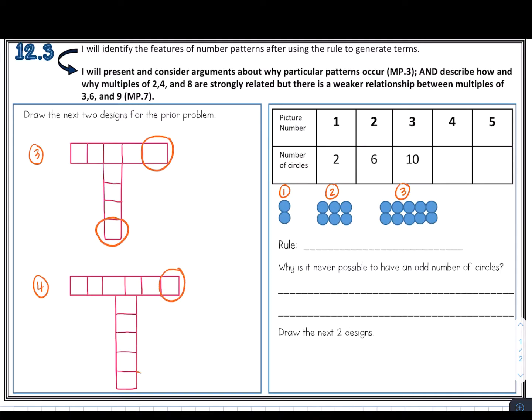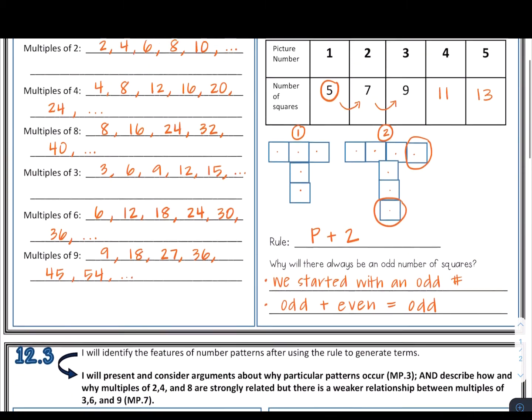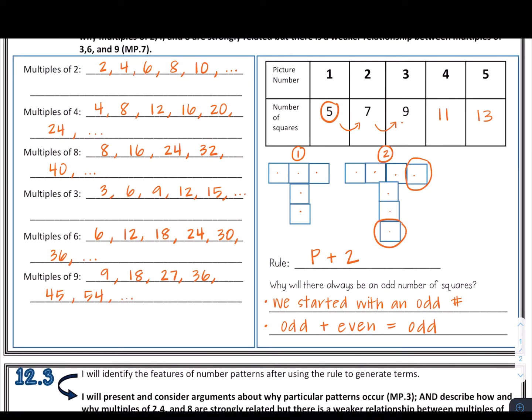We took picture 3 and then added 1 more square across the top and 1 down the bottom, down the column. Okay. And if we count the squares, 1, 2, 3, 4, 5, 6, 7, 8, 9, and then 1, 2, 3, 4, 5, 6, 7, 8, 9, 10, 11, we do see that that is exactly what we wrote up here. Okay.